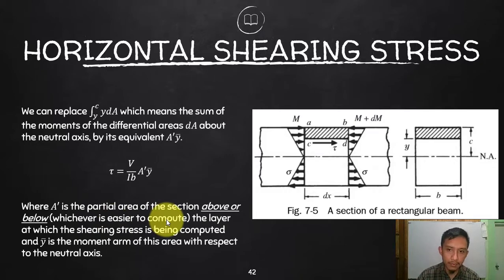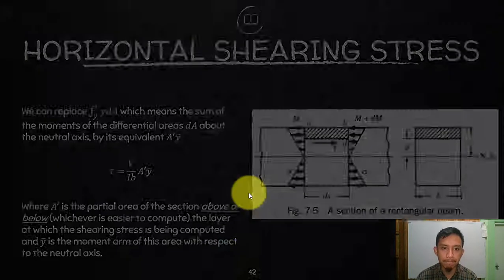By the way, I will explain why we can consider the top or below. I will show you that by example later on. They will give us the same value, so we will only consider one of them. It depends on whichever is easier to compute. Again, your y bar is the moment arm of the area with respect to the neutral axis, so the moment arm is at the centroid of the area we are considering.